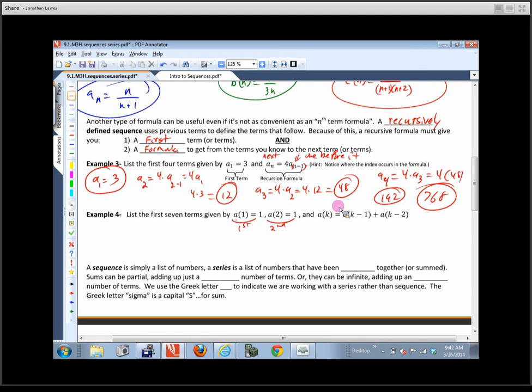I'm using a different index now. We used n's before. I'm going to use a k now. A sub k, we'd call this the kth term. This is the k minus 1 term. And this is the k minus 2 term.